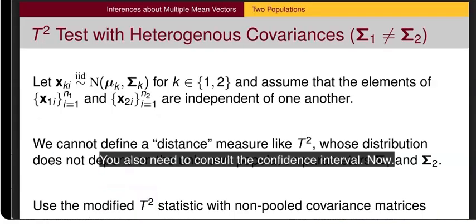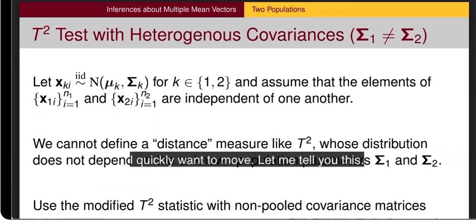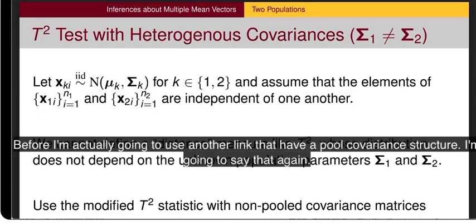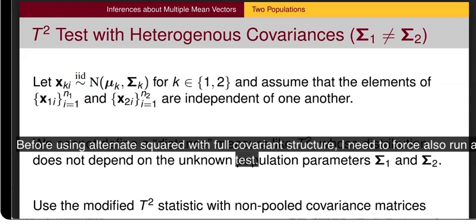Now, I quickly want to move on. Let me tell you this. We don't just do what we do without a reason why we do it. Before I'm actually going to use a Hotelling's T squared that has a pooled covariance structure, I'm going to say that again: before using Hotelling's T squared with a pooled covariance structure, I need to first run a test.